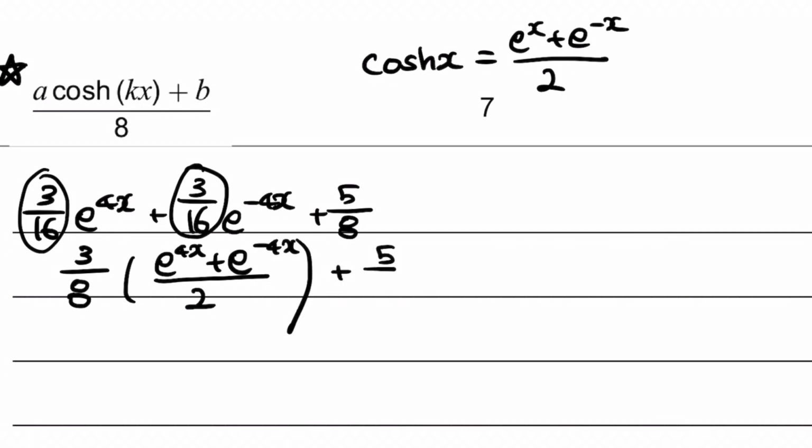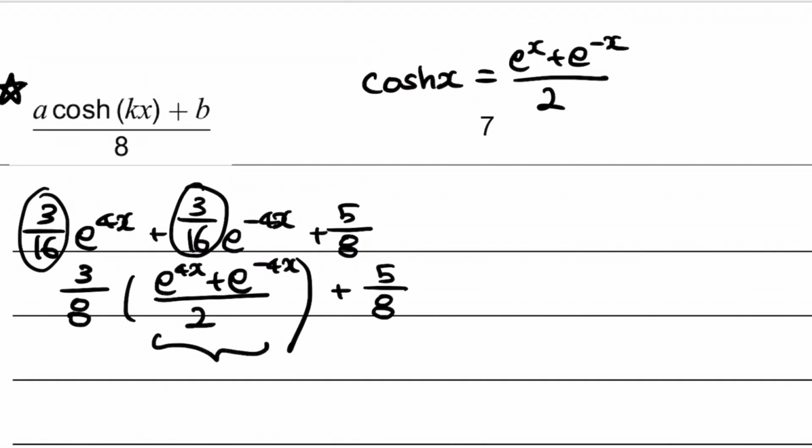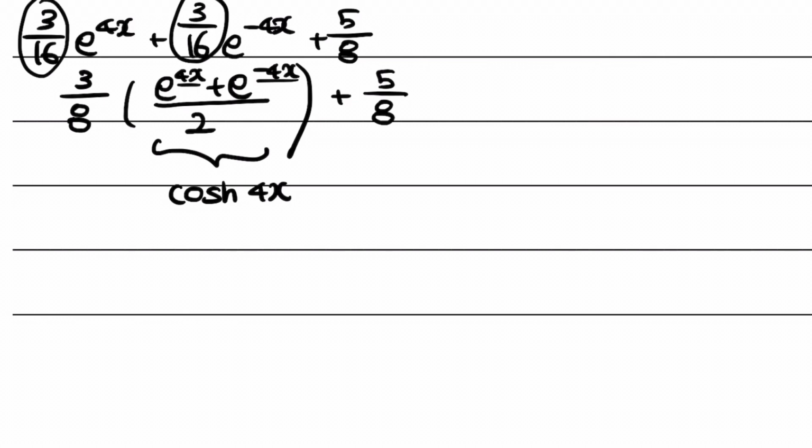And then we have 5 over 8. And this part now becomes cosine h 4x. Because we have power of 4x and minus 4x, it means that our cosine hx should change to cosine h 4x. So now we have this very similar to what question is asking for.